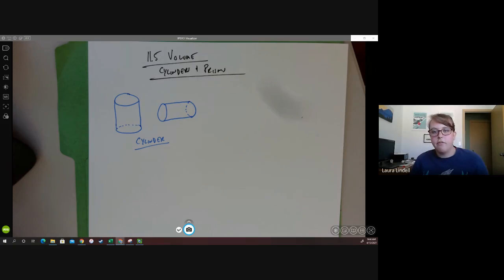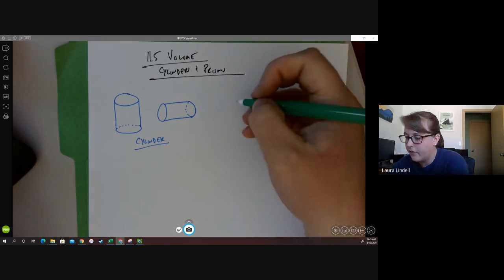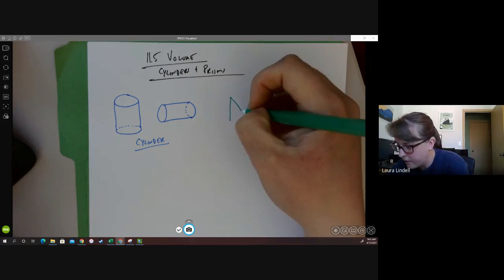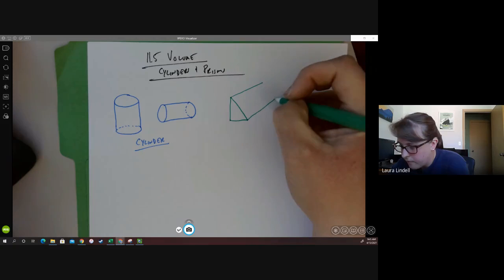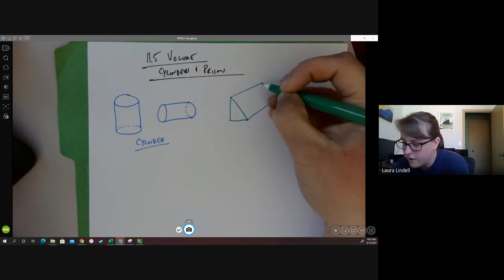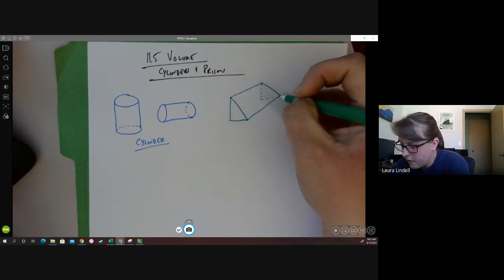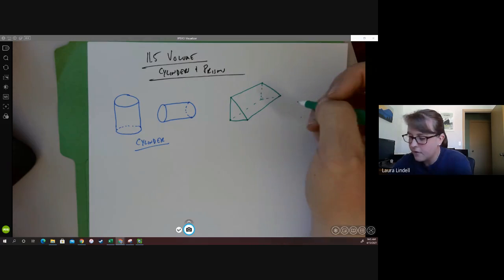I think we'll go off of Caleb's definition of a cylinder here, like an extended circle. A prism is an extended polygon. So any other polygon, like a prism, you could have a triangle. Like if you've seen a Toblerone, those are triangular prisms.